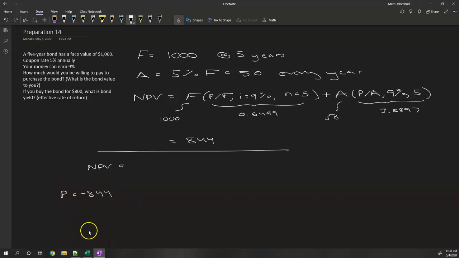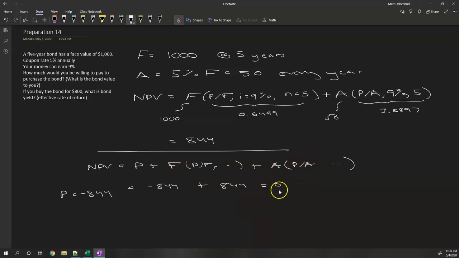The net present value would be P plus our F times our P over F plus our A times our P over A. And so we'd end up finding this here would be negative 844 plus this amount here, which we also found to be 844.